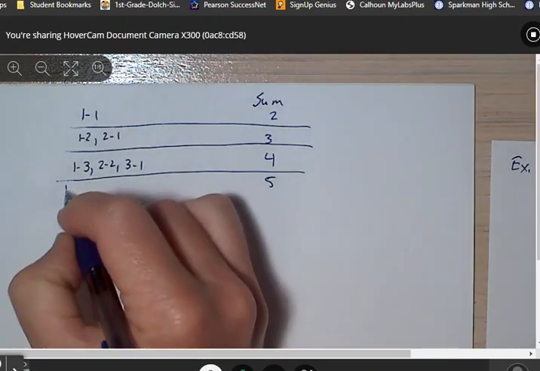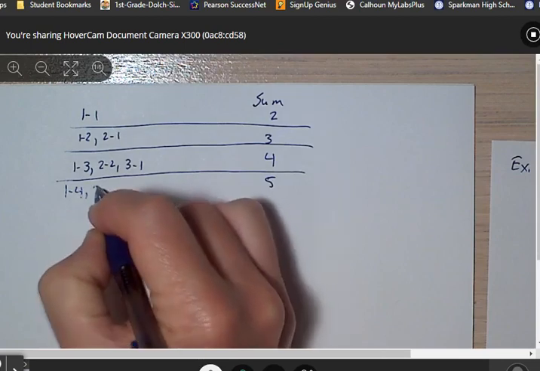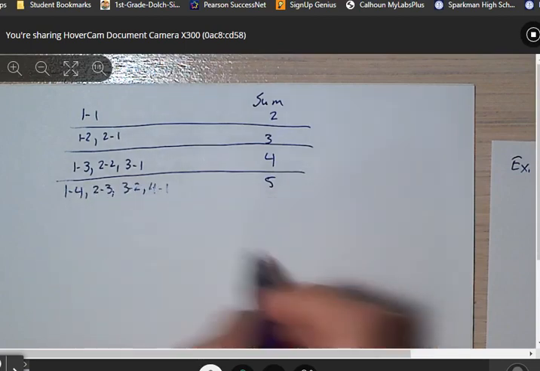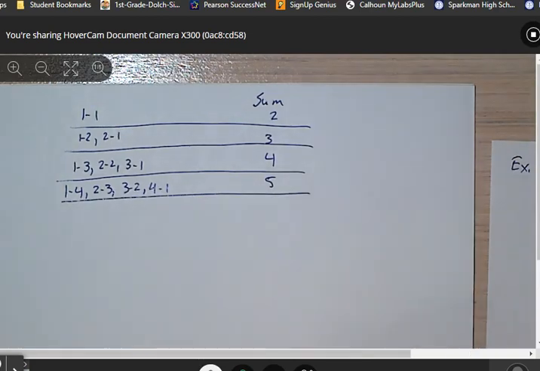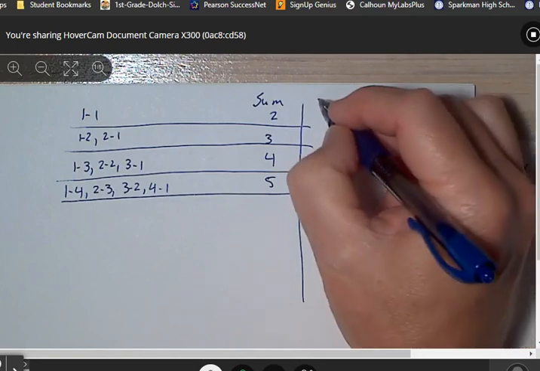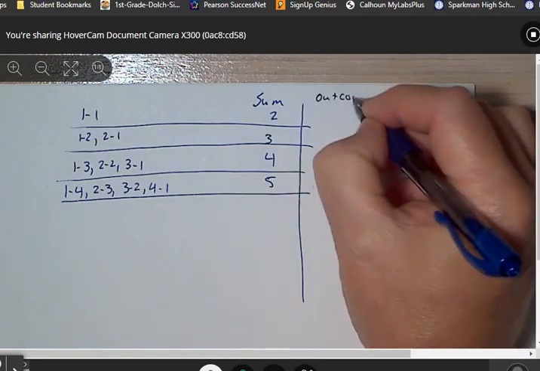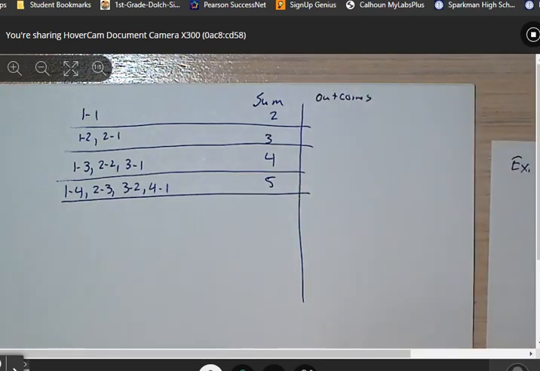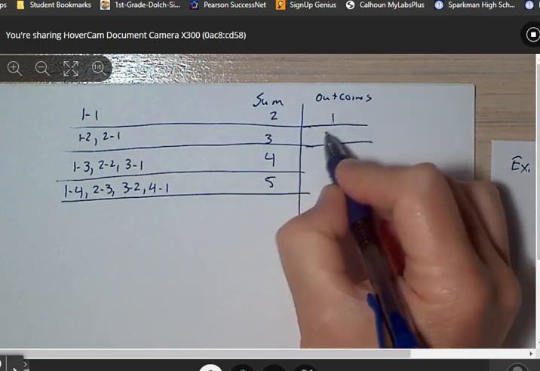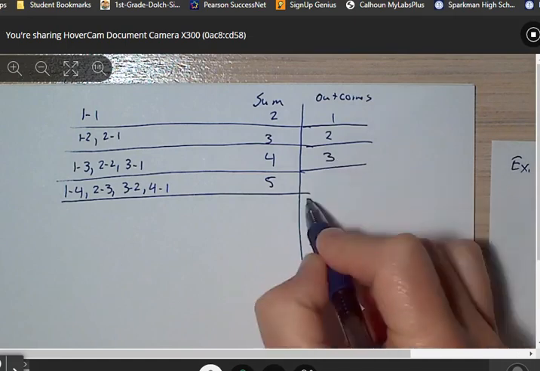Okay, for 5, it could be 1, 4, could be 2, 3, could be 3, 2, could be 4, 1. You might even put just how many outcomes that would be at the end of it. There's a 1 here, there's 2 here, there's 3 here.